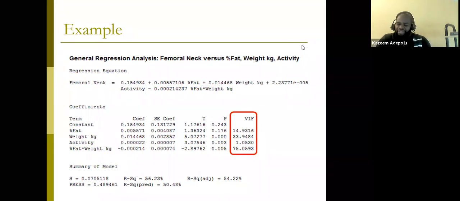Because the interaction between fat and weight is significant, but fat itself is not. Take a look at that. And that created suspicion in the first place. And of course, when we have a suspicion like that, we need to investigate the VIF. And look at the VIF, you can see some of them are actually over 5.